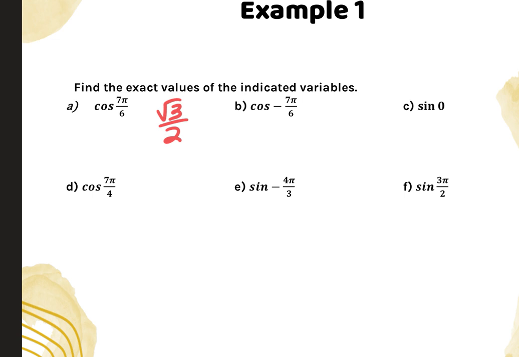So what is 7 over 6 in mixed number form? 1 and 1/6, right? Where would 1 and 1/6 be in my quadrants? Quadrant 3. What's true about cosine in quadrant 3? It's negative. So there's my sign.